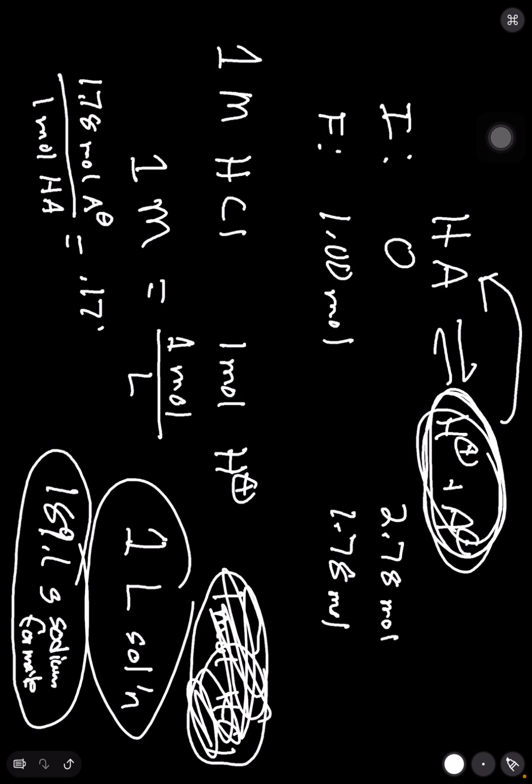You could have maybe said, I wanted 0.178 moles of A minus and 0.1 moles of HA, right? The ratio is still the same. It's just less material to work with. So either way, this shows a second way that you can go about making these buffers.